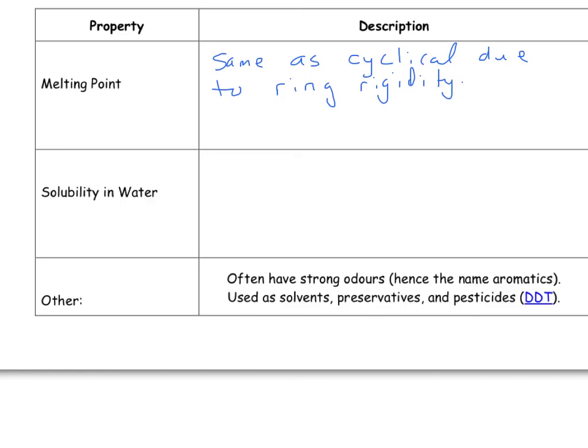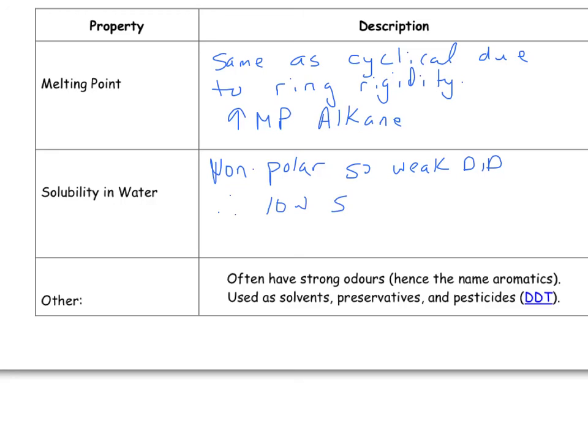Which means it's higher than an alkane. Now, having a resonance structure around the ring does not make the aromatic polar. So water attracts it with weak dipole-induced dipole. Therefore, aromatics have low solubility.